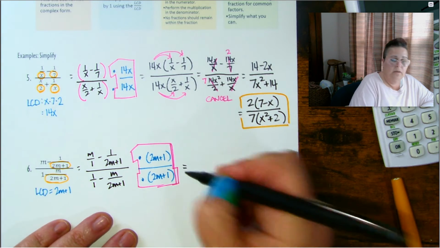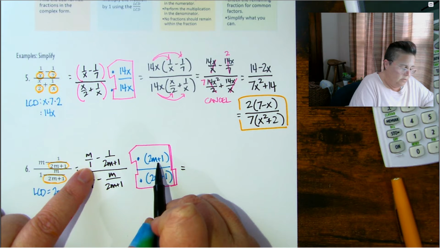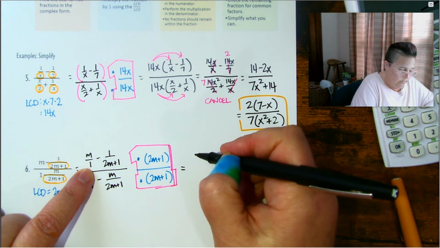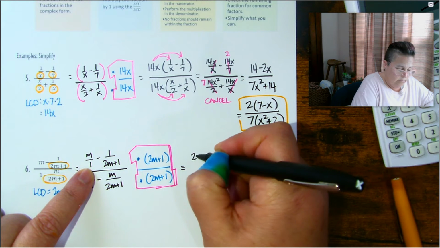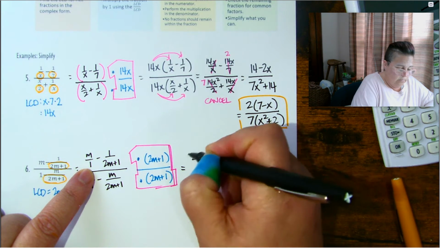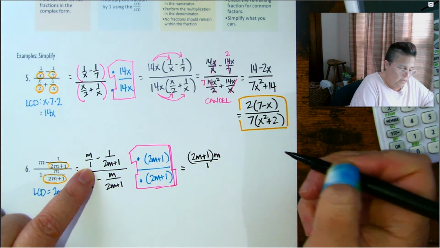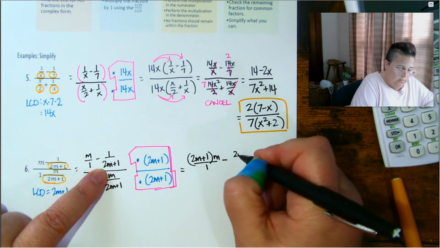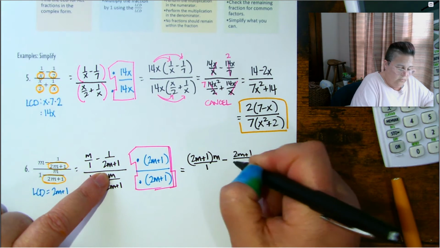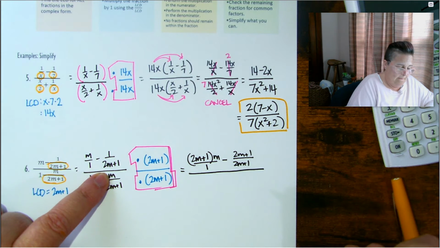Well, without writing everything out, I have 2m plus 1 times m. All of this over 1 minus 2m plus 1 over the 2m plus 1 that was already there. Right?